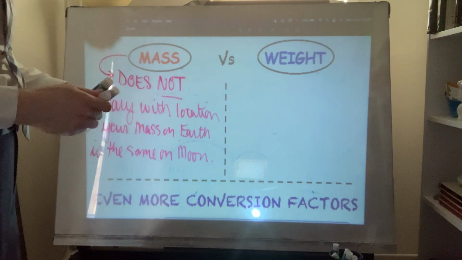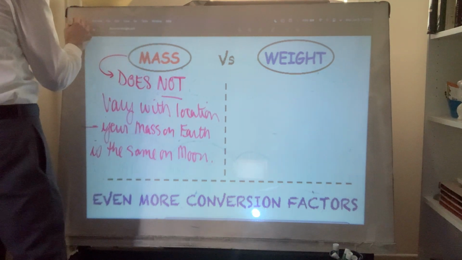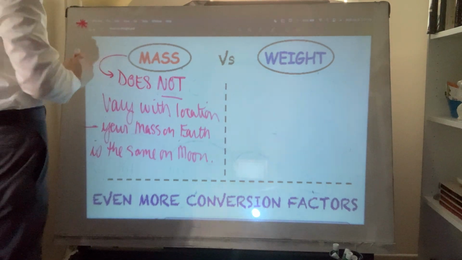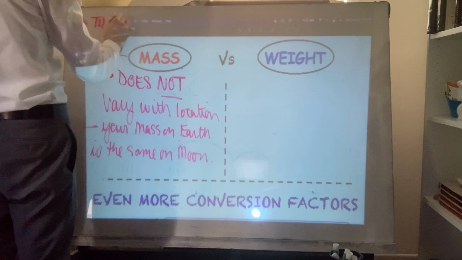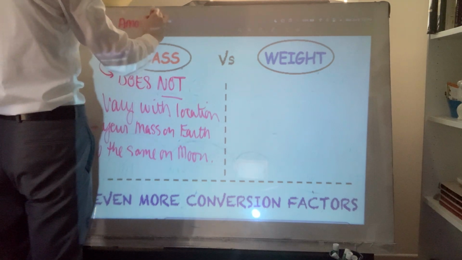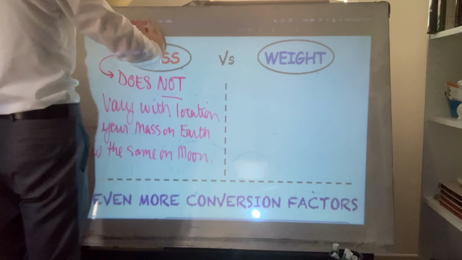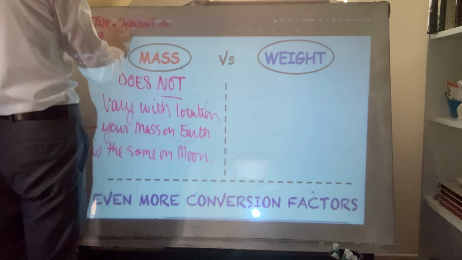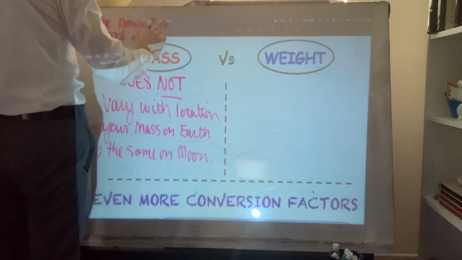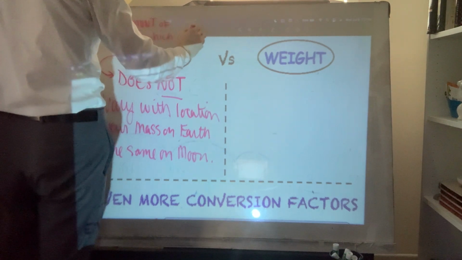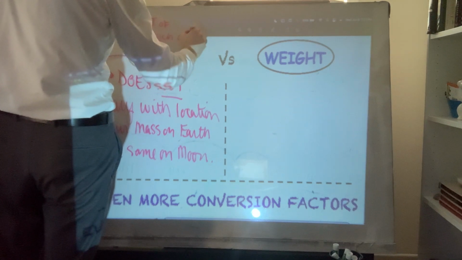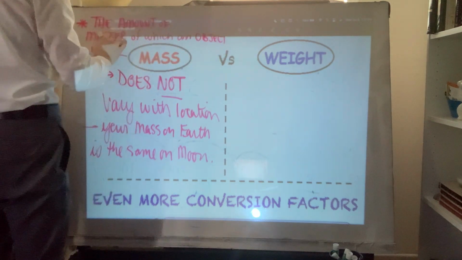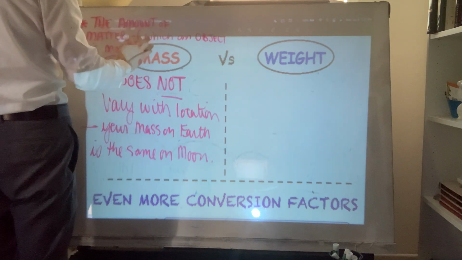Officially, the definition of mass is, if you've never taken a science class, the amount of matter of which an object is comprised, or made.